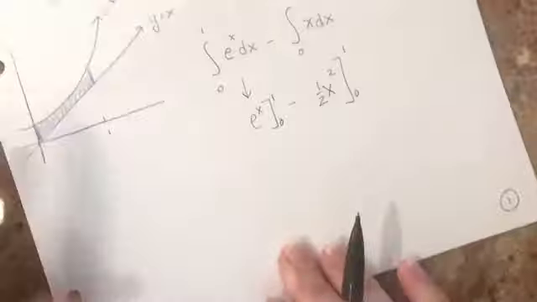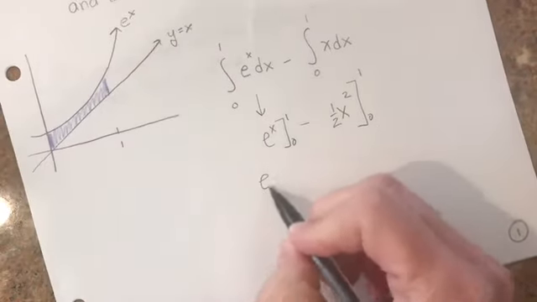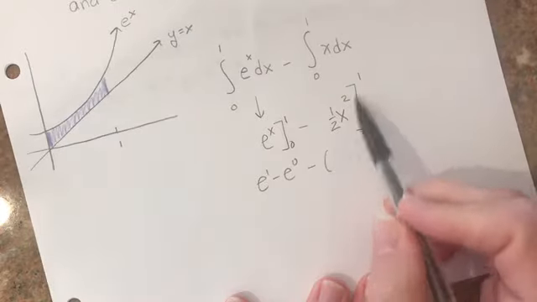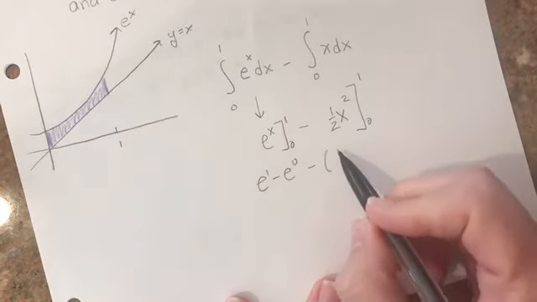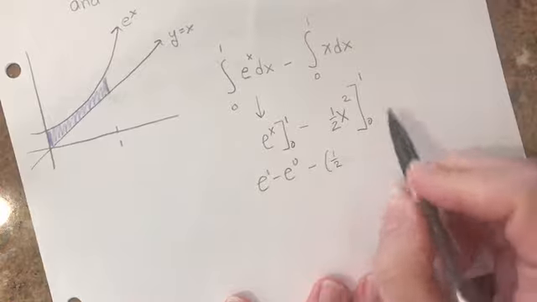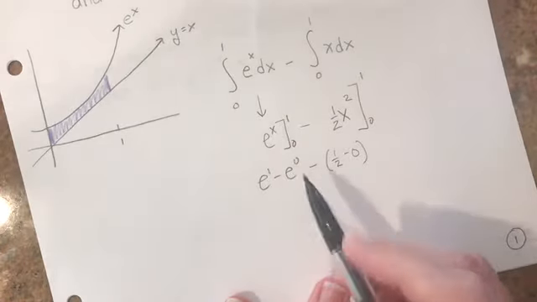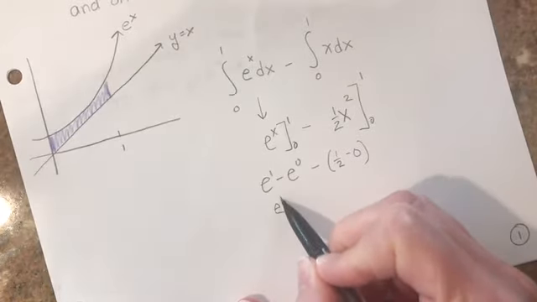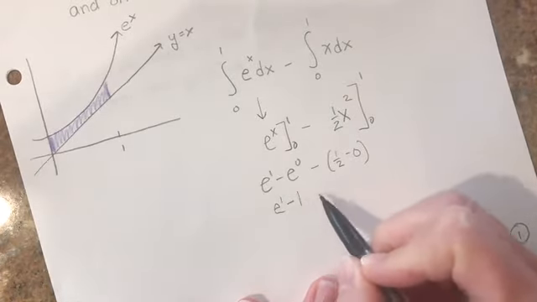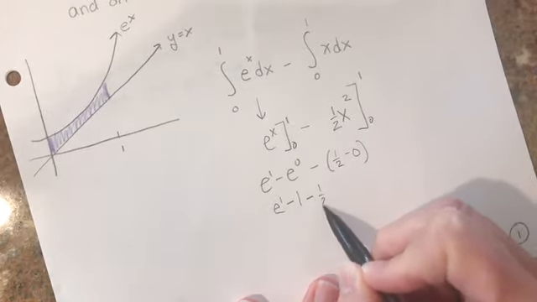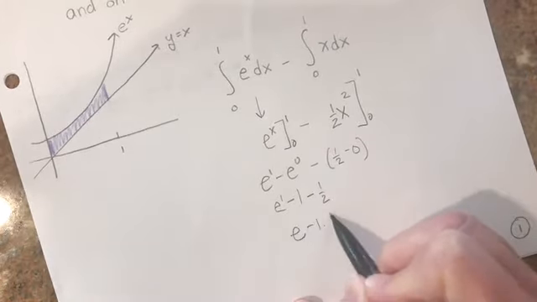So this is really going to be e to the 1 minus e to the 0, minus 1/2 times 1 squared, so it'll just be 1/2, minus 0. E to the 0, anything to the 0 power, equals 1, so this is e to the 1 minus 1, minus 1/2, so e minus 1.5.